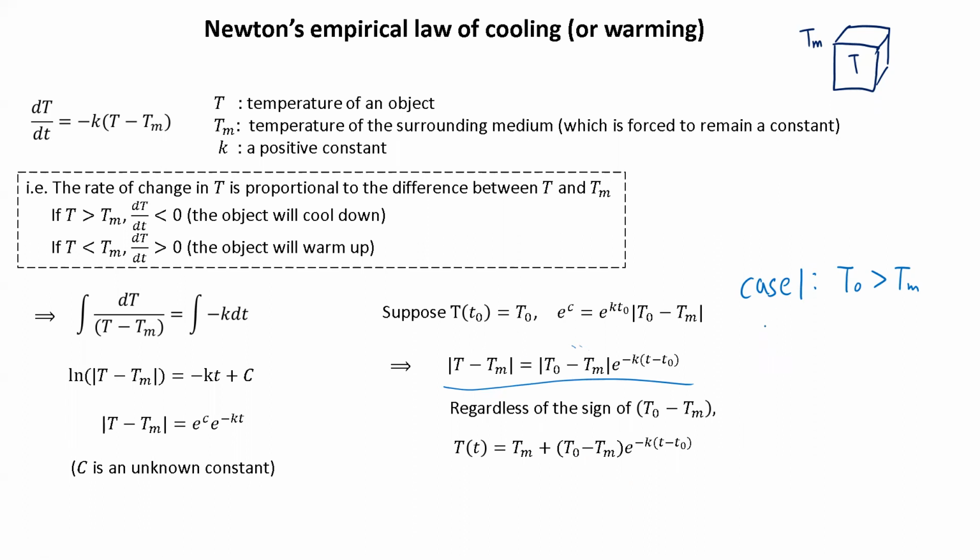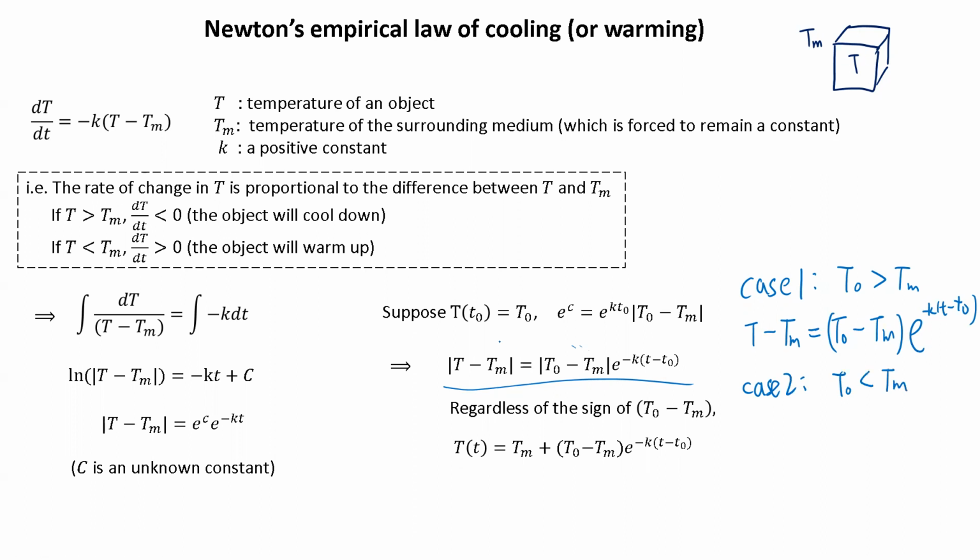So in this case, I just have T minus Tm equals T naught minus Tm multiplied by the exponential decay factor. Case two is that I have T naught smaller than Tm, so this time cold metal.